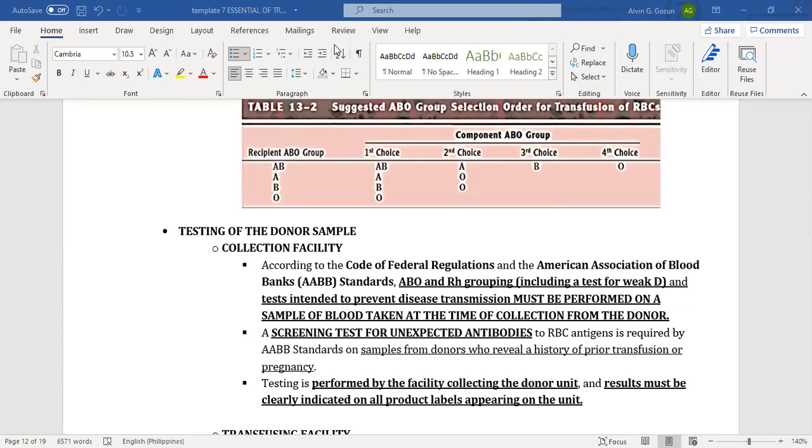Madali lang guys. Kasi dapat yung antibodies na meron si pasyente or recipient, dapat si donor, yung dugo ni donor na itatransfuse kay recipient, antigen negative doon sa antibody na meron siya. Nakikita nyo ba? Dapat walang antigen si donor doon sa antibodies ni recipient.